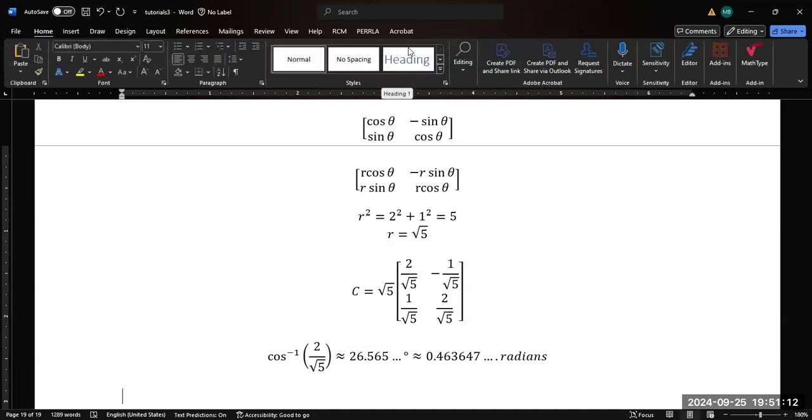So it's a positive value. It's in the first quadrant, but we're rotating our vectors by about 26.5 degrees when we multiply by this matrix. And then we are also stretching them by a factor of the square root of 5.